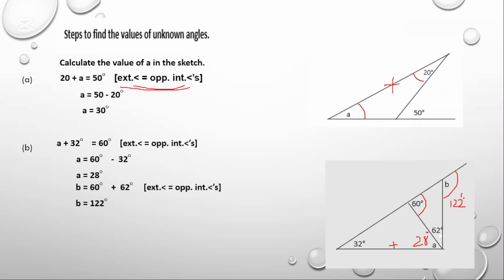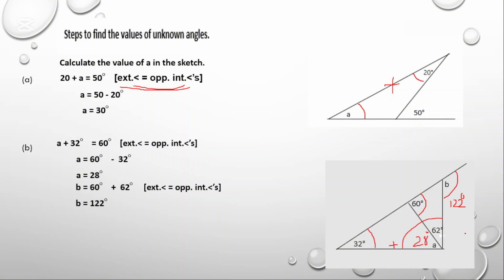122 degrees. But can you see we have this big triangle here? B is also the exterior angle of the big triangle. The two interior angles opposite B are this one and that one there.